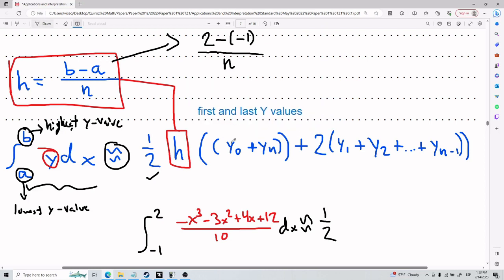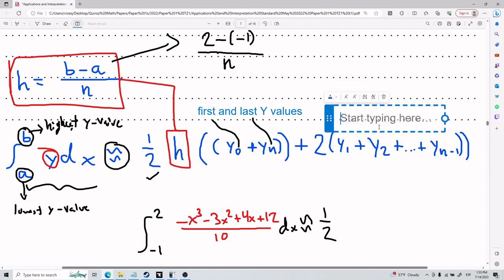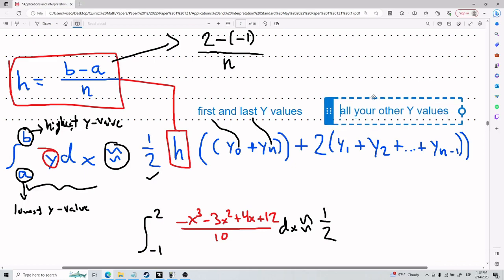Your first and last y values. That is why it's 0 for first and n for last. Okay? And on the other side, you're going to have all your other, quite literally, all your other y values. Okay? So, now that I put it like that, it's probably a lot easier to figure out.